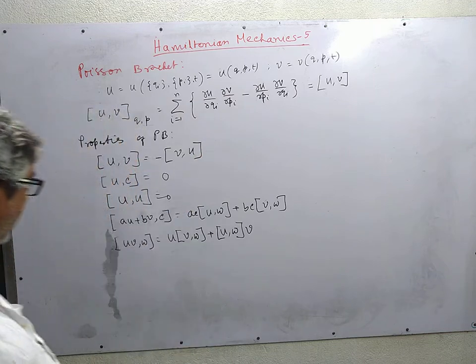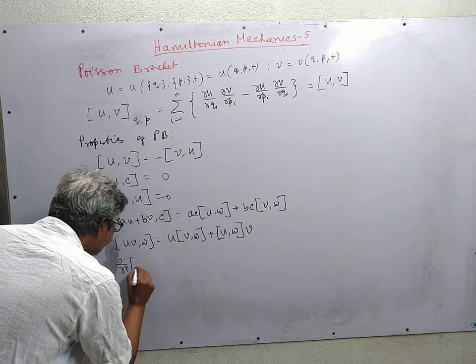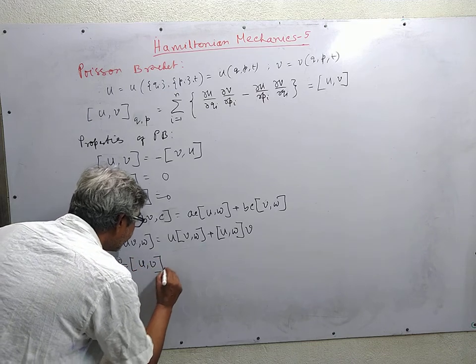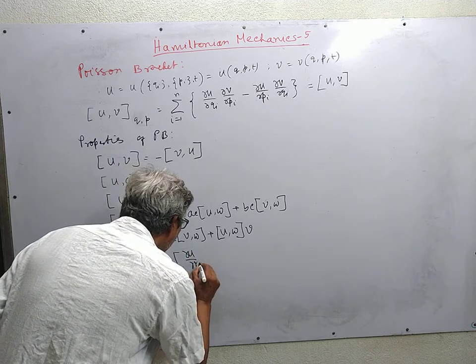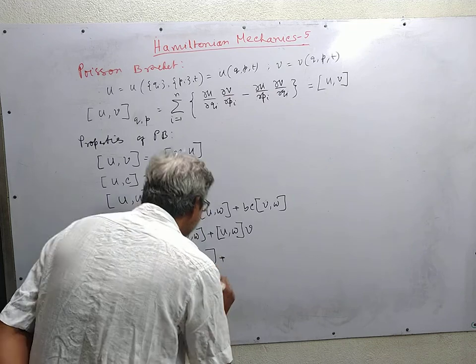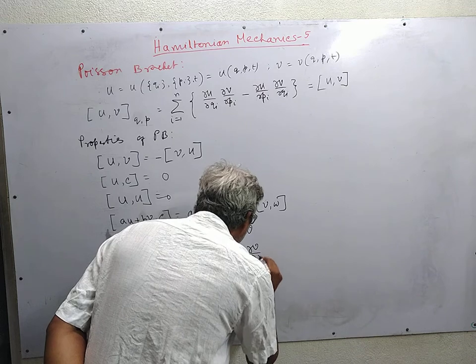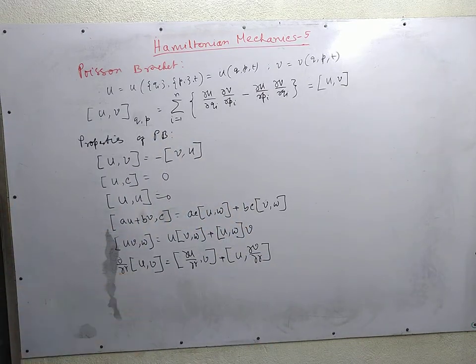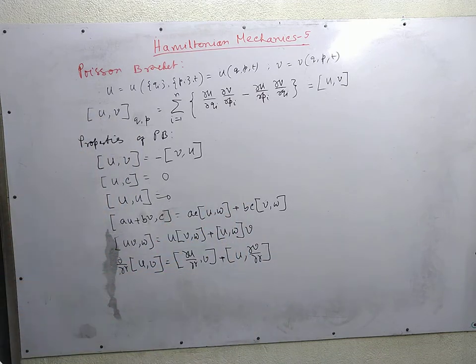Say R is time, then it can be shown that ∂/∂R of {U, V} is equal to {∂U/∂R, V} plus {U, ∂V/∂R}, as in the rule of differentiation for the product of two functions. This is a similar property. We shall prove this property.